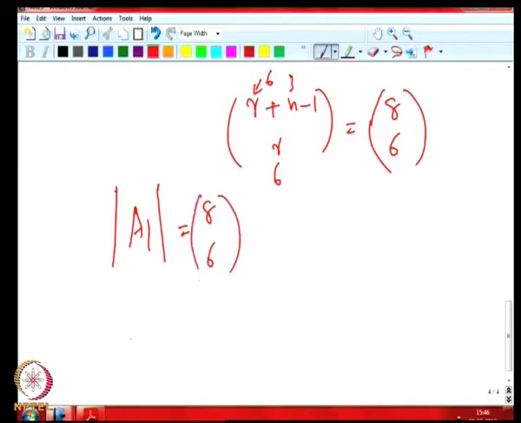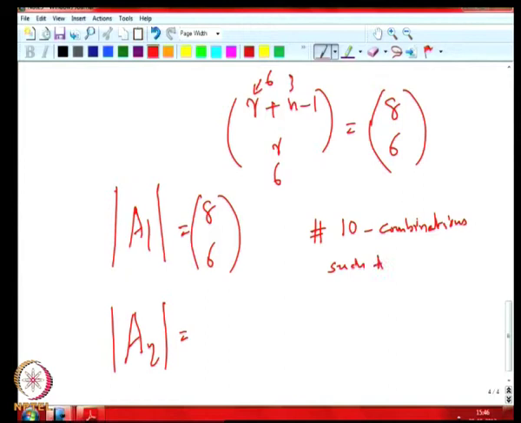Now, if you want to find A2 cardinality, what is it? We are talking about the number of 10 combinations from the universe such that there are at least 5 B's in it.